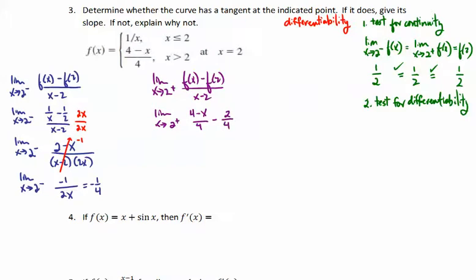Now we could write that as 1/2, but this simplifies it a bit because it keeps our denominator the same, all over x minus 2. So simplifying that, we're going to get limit as x approaches 2 from the right of 4 minus x minus 2 over 4 over x minus 2. And in the numerator, 4 minus x minus 2 comes out to be 2 minus x.